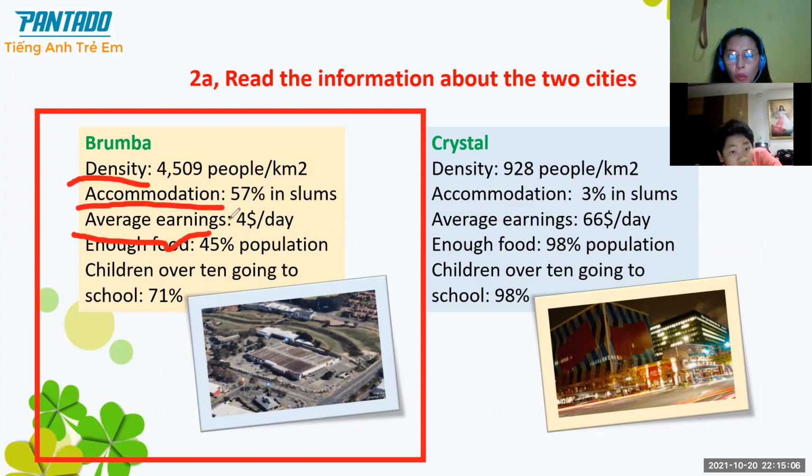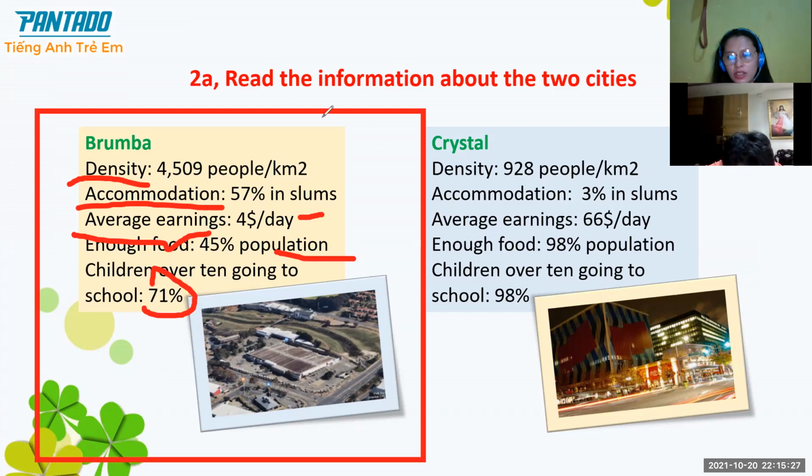That is $4 per day. And enough food there is 45% of the population. And children over 10 going to school is 71%. Next to Bromba is Crystal.